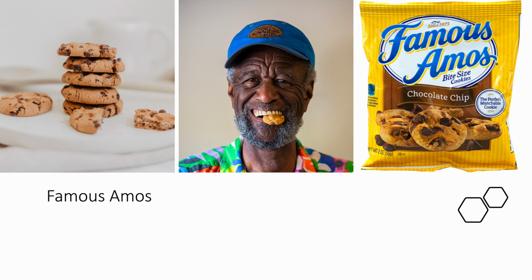Eventually, Wally Amos sold the brand to a syndicate of investors, and they were the ones operating the Famous Amos brand. And the cookie became pretty popular, and at one point, Walmart was asking, "Can we sell your cookies?"